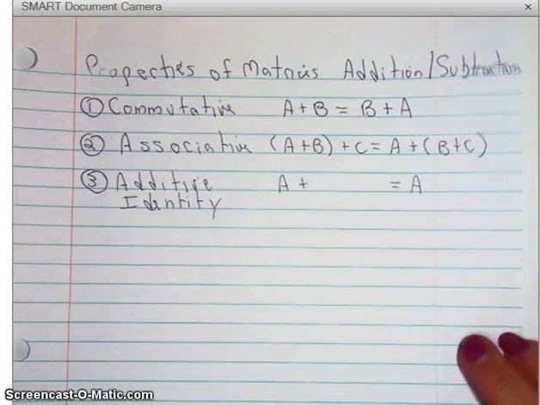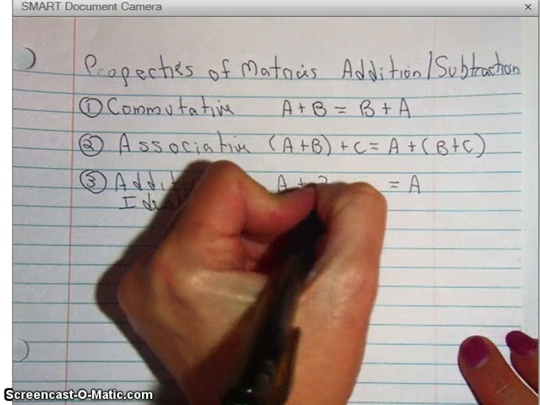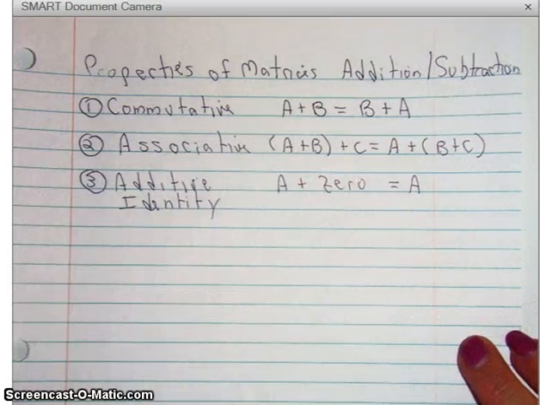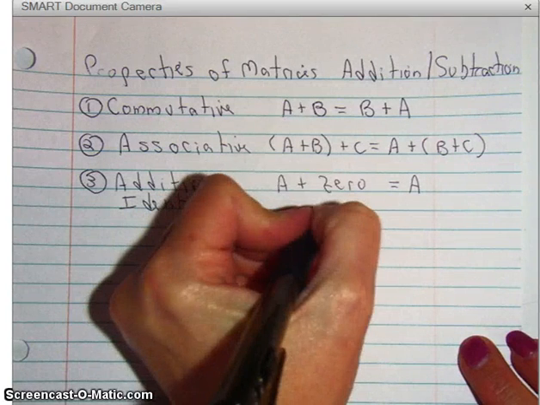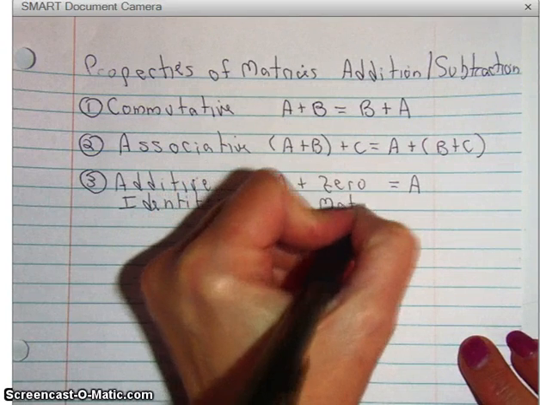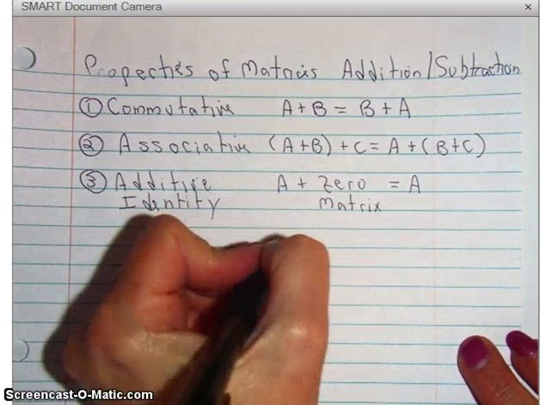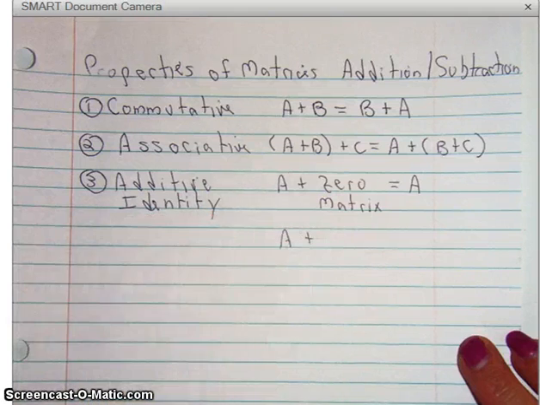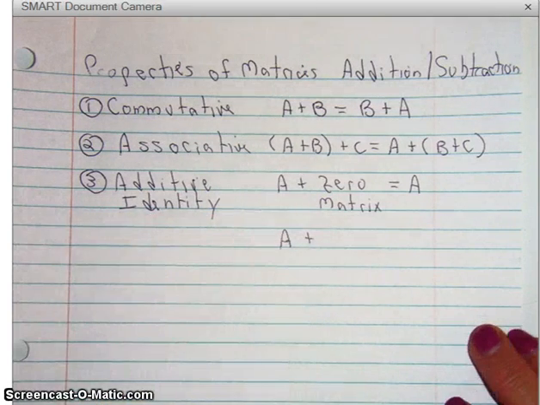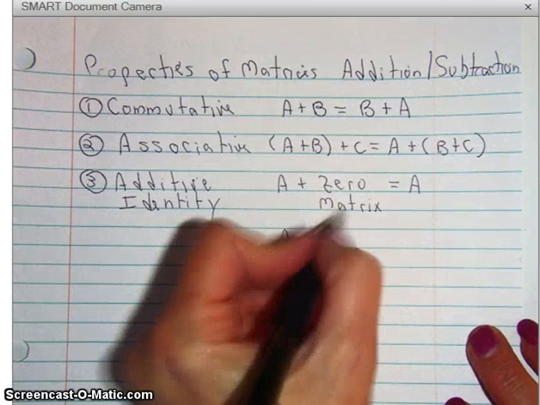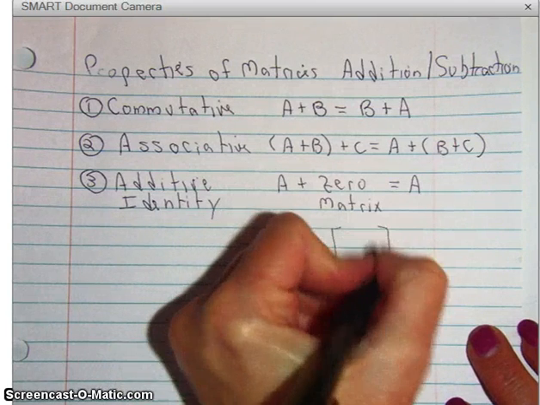Now, when we're talking about matrices, we can't just add the number 0. It's got to be called the 0 matrix. And that looks like, we're going to say we're working with a 2 by 2, for example.